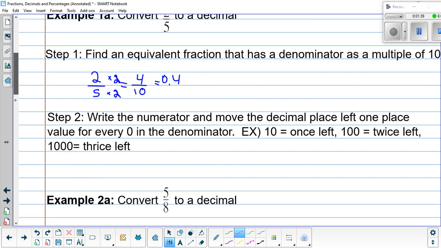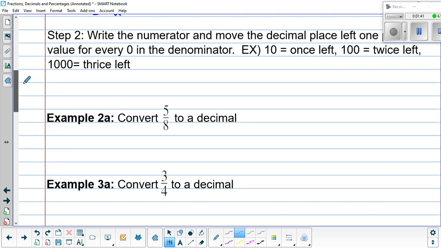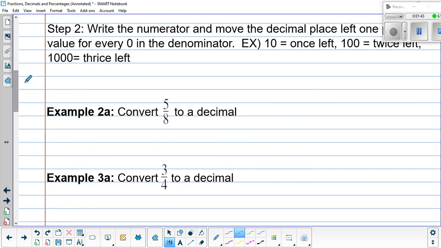So here, what about 5/8? So let's look at this one. 5 over 8. Well, we can't get something over 10, but maybe we can get it over something that we can work with. Let's just keep adding 8 until we find something that ends in a 0. 8, 16, 24, 32, 40.